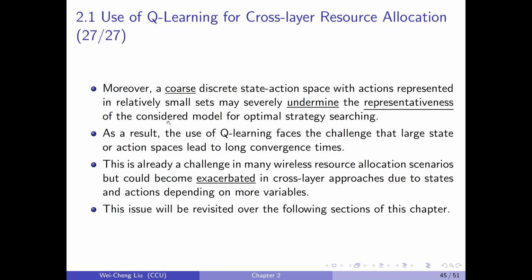Representativeness of the considered model for optimal strategy searching. As a result, the use of Q-learning faces the challenge that large state or action spaces lead to long convergence times.